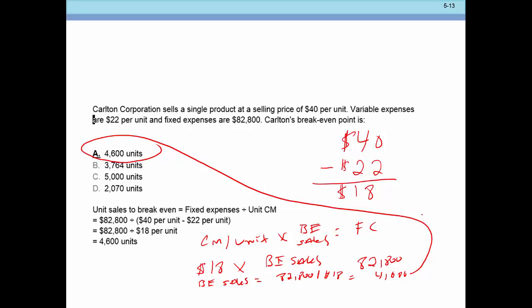I do the algebra. $18 contribution margin times my break-even sales has to equal fixed cost of $82,800, the problem told me. So my break-even sales is what? Divide each side by my contribution margin per unit, and I'd have to sell 4,600 units to break even here.